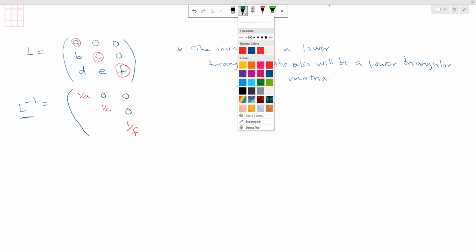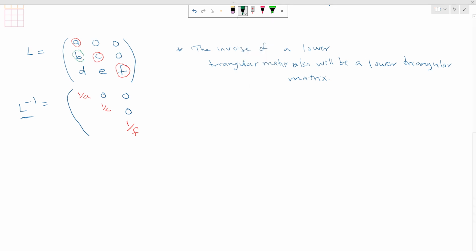Okay, so for that, if you have B here, and if you want to find out the corresponding element in the inverse of L, then you just negate the value, right? So if we have B, then you should write minus B divided by the multiplication of the diagonal elements above and adjacent to that entry that you are considering, right?